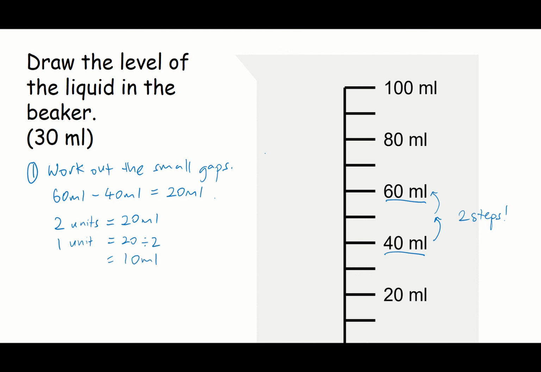There are really no shortcuts for this. We cannot assume or try to guess each gap. There is no fixed number. Okay? So we have to work it out using division. So each step is 10 milliliters.